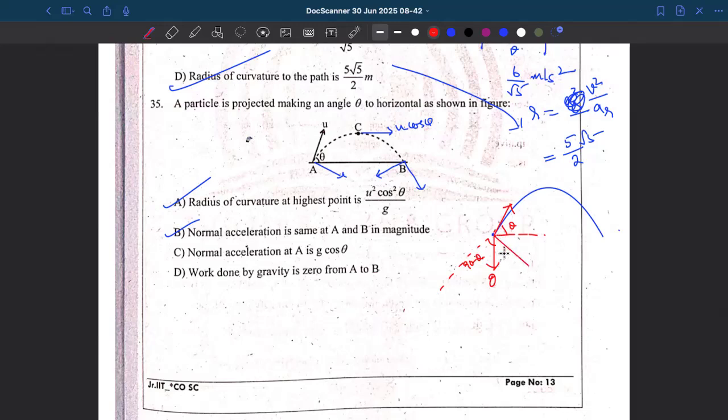And you are drawing this as a normal. So this is theta. So obviously this is g cos theta. So therefore, normal acceleration at A, I have given you this entire theory. Please refer to my notes. How many did not answer C? I have answered C. Have you all answered C? Yes or no? Right, good.